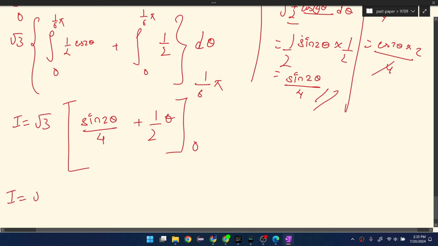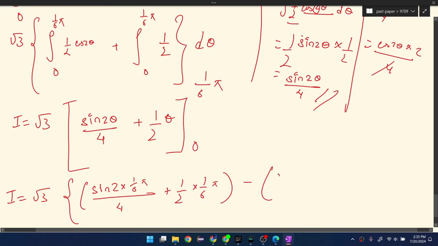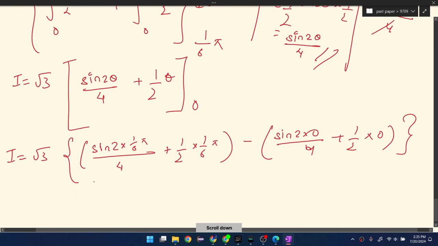Following this, I is equal to √3 times sin 2 times π/6 over 4 plus 1/2 times π/6, minus sin 2 times 0 over 4 plus 1/2 times 0. This whole term is going to be 0.